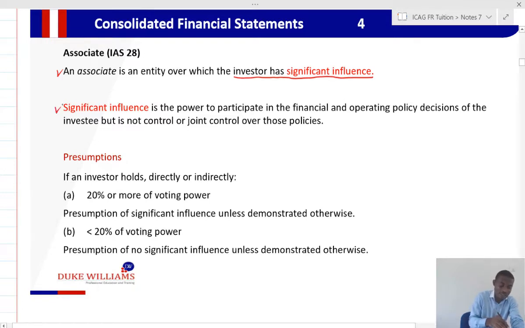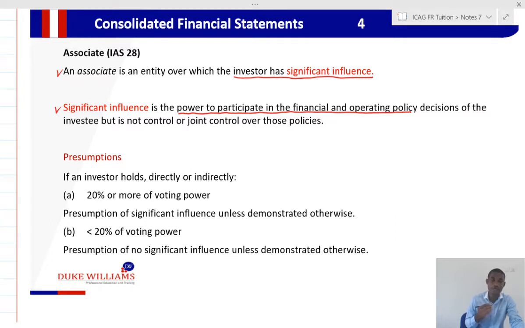The standard says that significant influence is where the investor has the power to participate in the financial and operating policy of the investee, such that the investor will have a representation on the board of the investee entity.